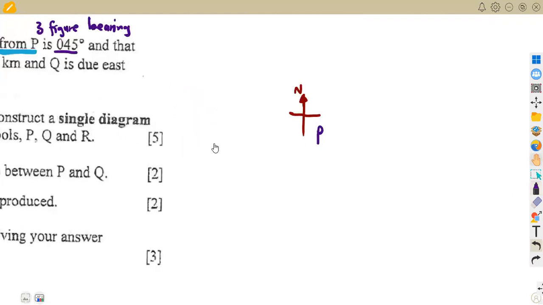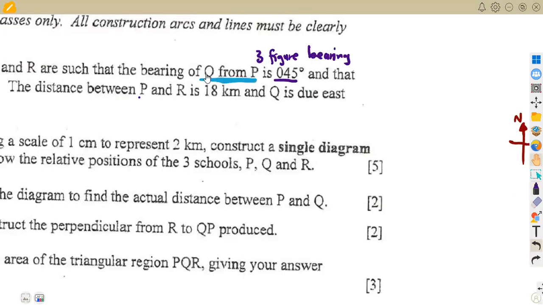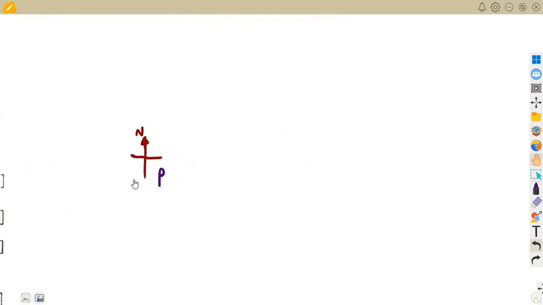So this is just a sketch. So let us have our North Pole at point P. From this North Pole at point P, that is where we are going to refer the first bearing. We are given that this first bearing, Q from P, is 045 degrees. So remember, the three-figure bearing is taken in the clockwise direction.